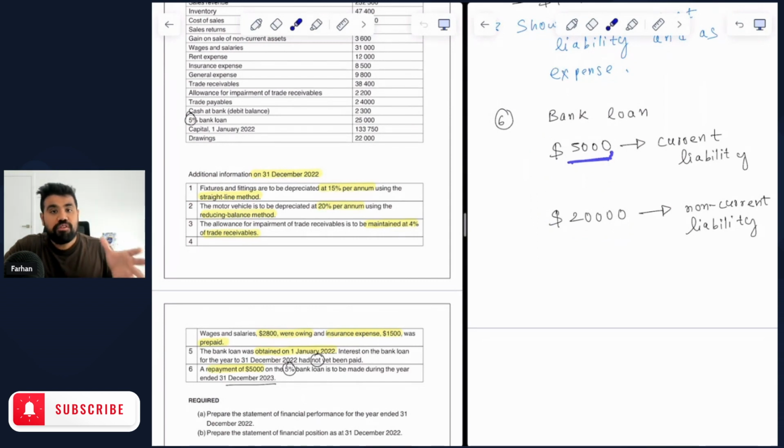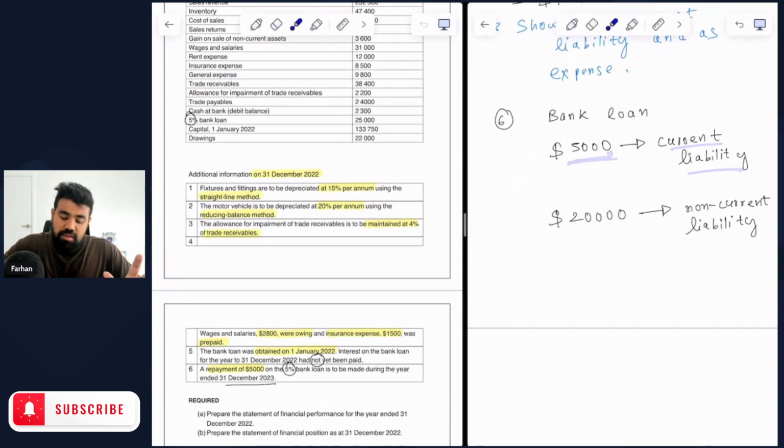Current liability refers to obligations or liabilities that the business needs to repay within the next 12 months. So this $5,000 in loan repayment is a short-term thing for Young. Therefore, this $5,000 needs to be classified as a current liability in the statement of financial position.